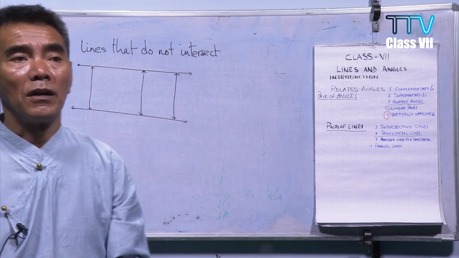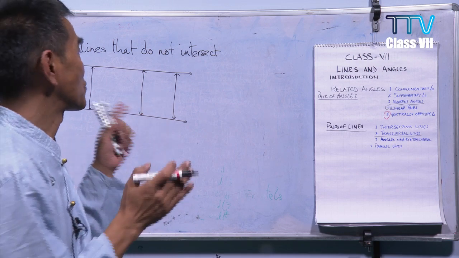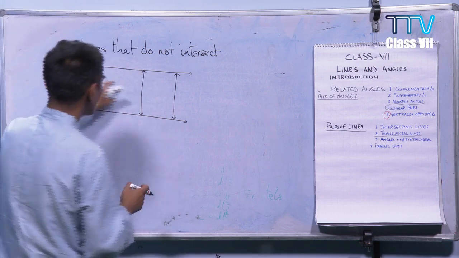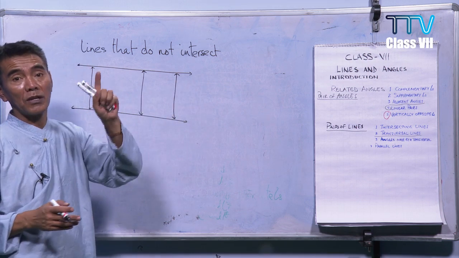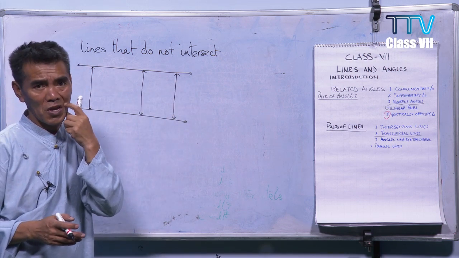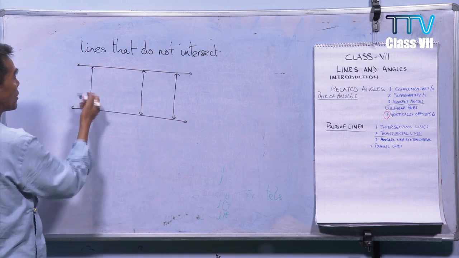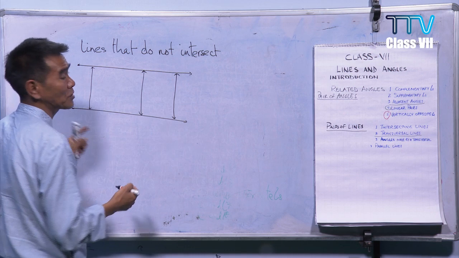When the two lines are going to meet at a certain point, they intersect at a certain point. In other cases, the two lines will not intersect at a point. Okay, the case changes now. You have to find the distance between two lines. When you talk about distance, it is perpendicular distance.